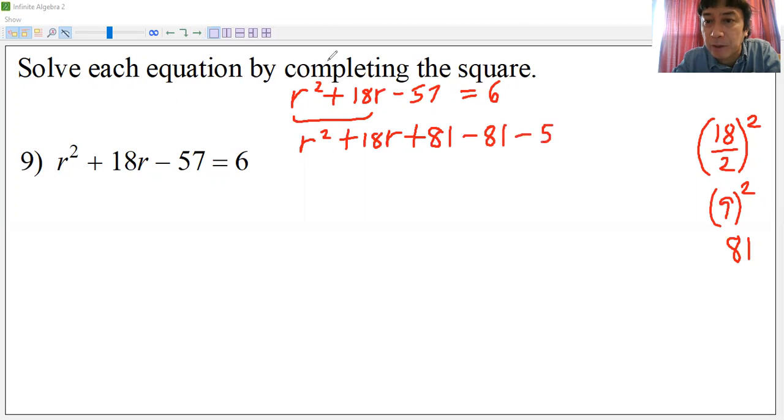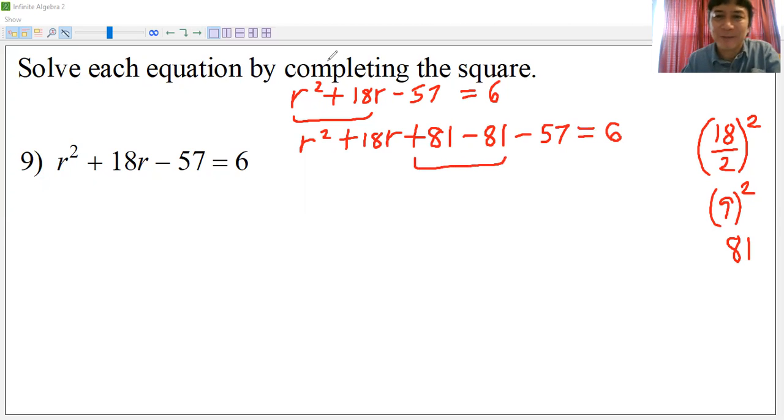Remember, you just placed it there. You inserted it in the equation, and that negative 57 is still there. And also the rest of the equation like that. Okay, this is legal here. Plus 81 minus 81. Okay, all right. You did not violate any mathematics rule there. You added 81 and you subtracted 81.